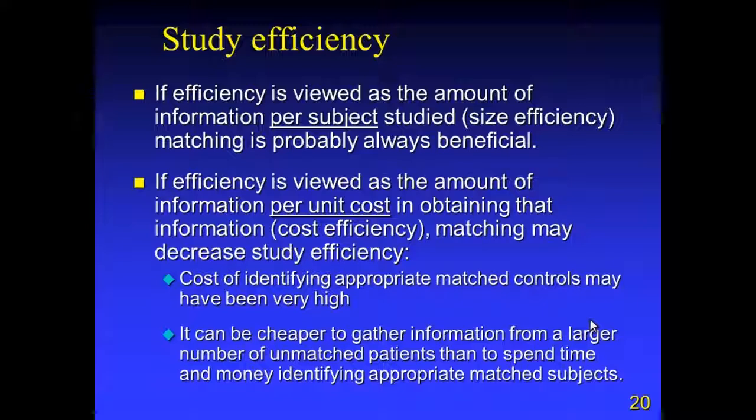You need to always bear in mind that an alternative which may turn out to be more cost efficient is just to recruit a larger number of unmatched controls rather than spending potentially a lot of money identifying matched subjects. That's the sort of trade-off that you need to think about when you're designing a study, which way to go, to match or not to match.